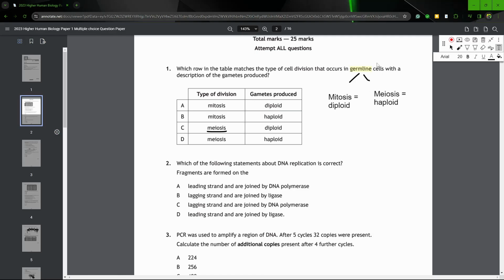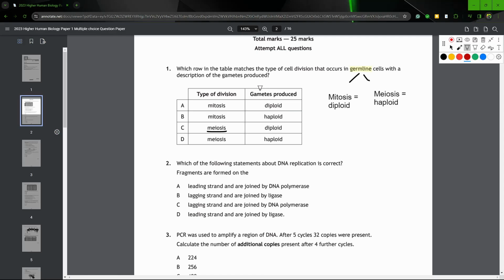Okay, so where can we go from here? We can start ruling out what we don't think is correct. Type of division mitosis, gametes produced diploid. Germline cells are not gametes, so we can rule that out.